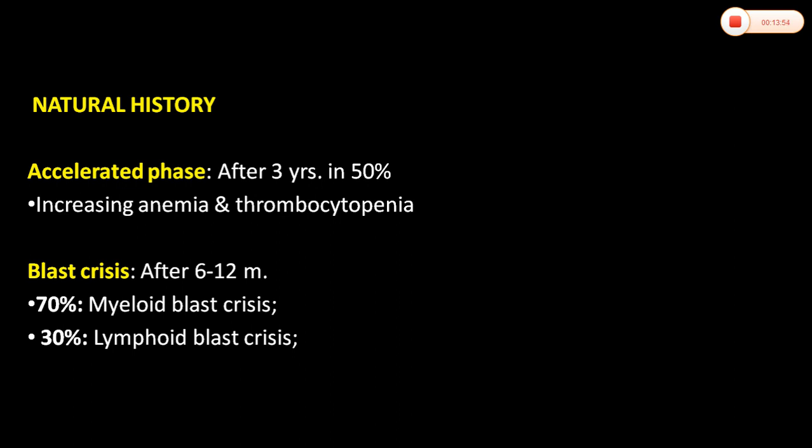Then we call that lymphoid blast crisis. That's why I wanted you to remember this pluripotent hematopoietic stem cell concept. It has the potential to develop into both myeloid as well as lymphoid precursor cells. Only in 30% of the people it might take up the lymphoid lineage also. Then we call it lymphoid blast crisis.